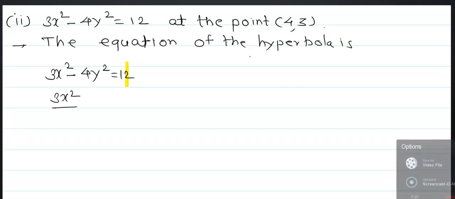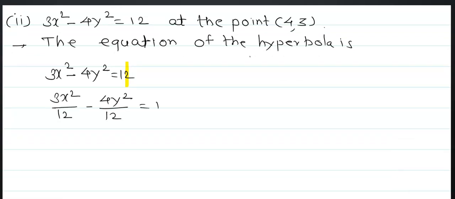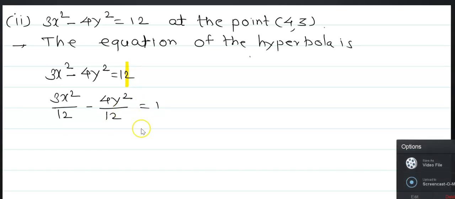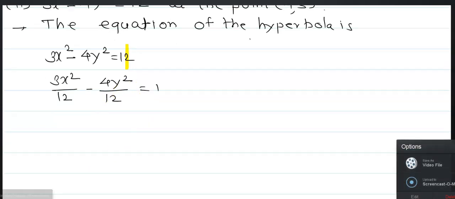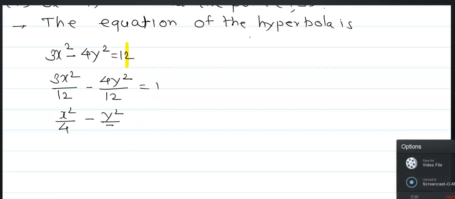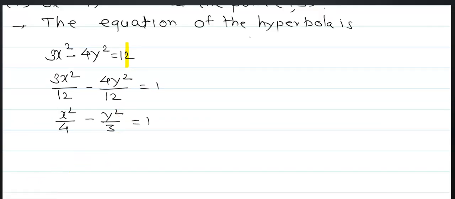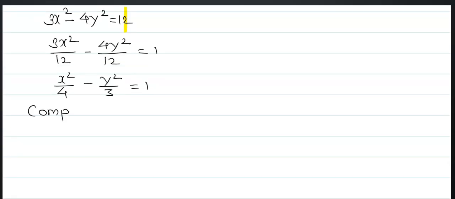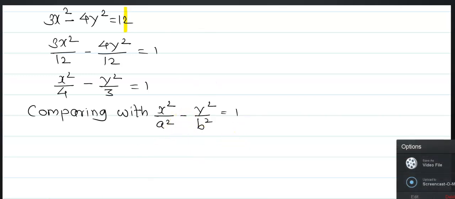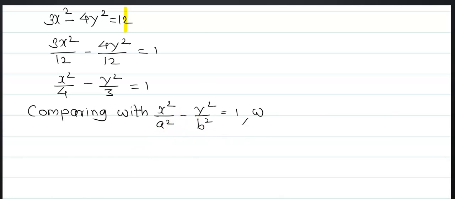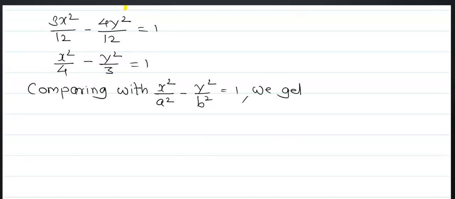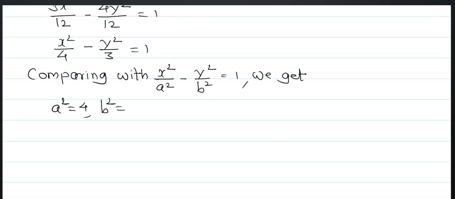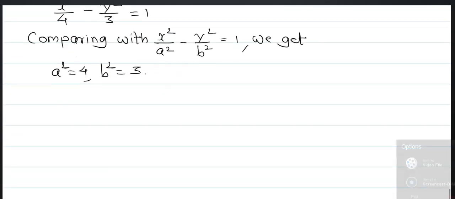Dividing on both sides by 12, that is 3x square upon 12 minus 4y square upon 12 is equal to 1. x square upon 4 minus y square upon 3 is equal to 1. Comparing with x square upon a square minus y square upon b square is equal to 1, we get a square is equal to 4, b square is equal to 3.